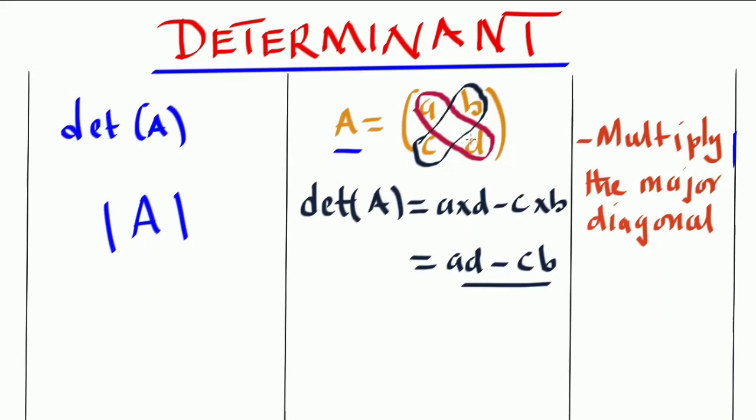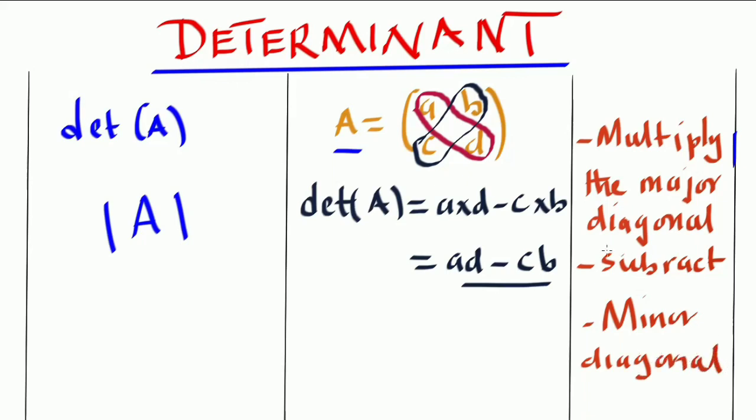And then second step, you subtract the multiplication of the minor diagonal. So this is what you can see: multiplication of the major diagonal, this A and D, and minus the multiplication of the minor diagonal, which is C and B.